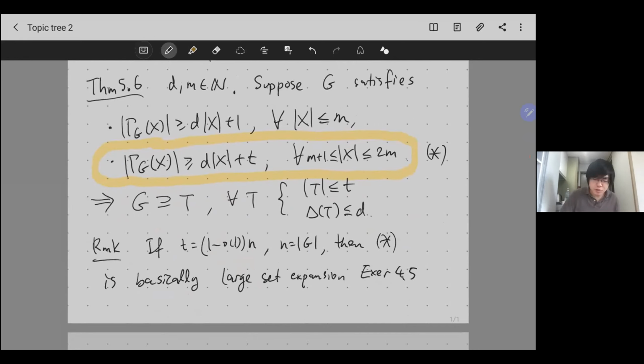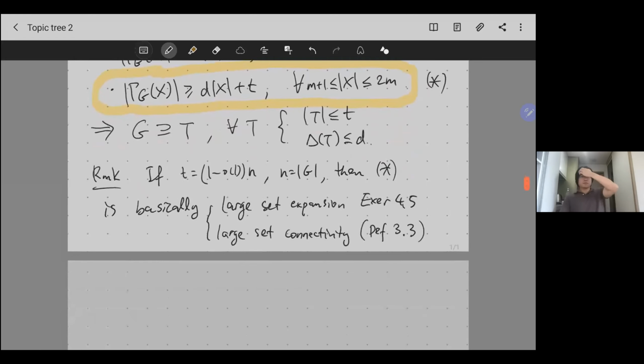And also it's basically the same as this large set connectivity, the m-joint, meaning that between two sets of size m, there must be an edge. These two are roughly equivalent. If it's not immediately clear to you, just draw some picture and you will see. It's convenient to give some name to it. So when we refer to this, you can refer to Definition 3.3 for the m-joint property.